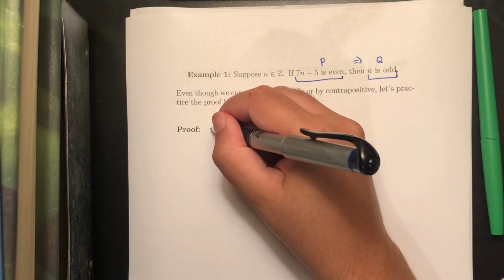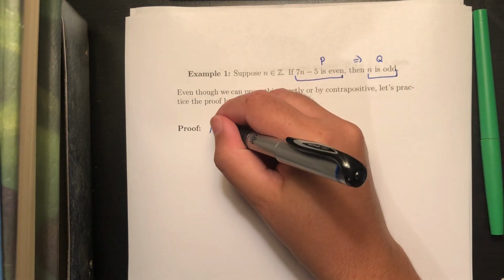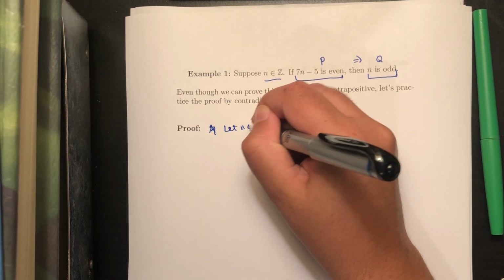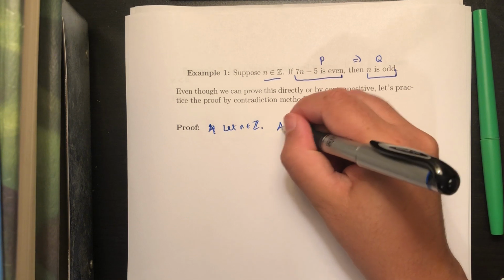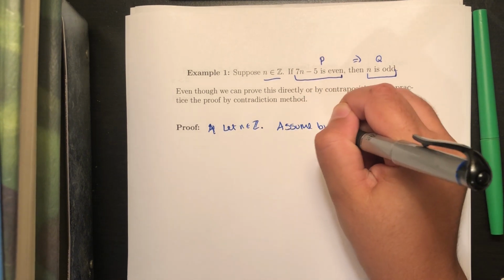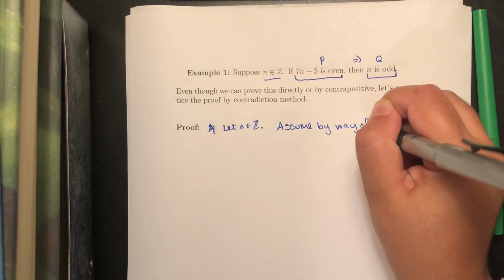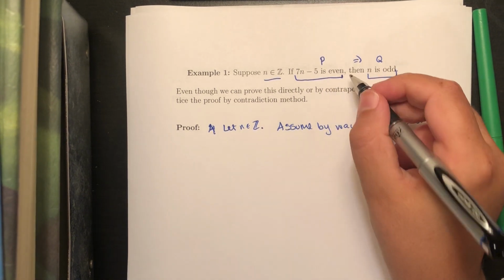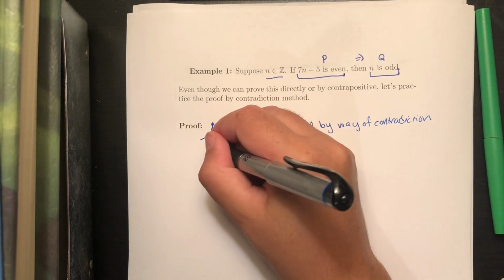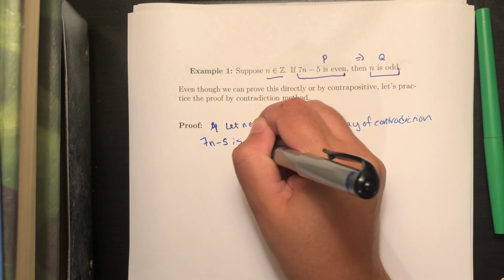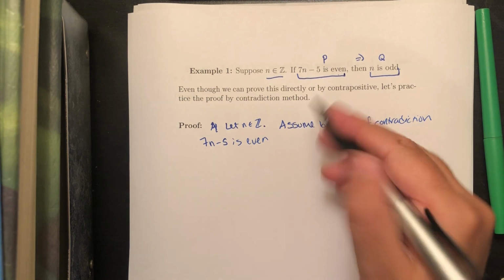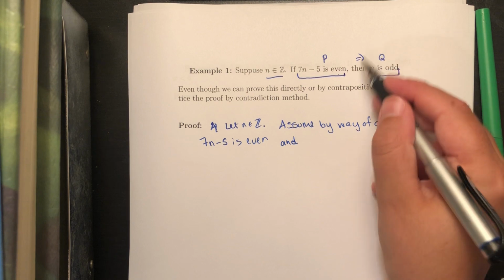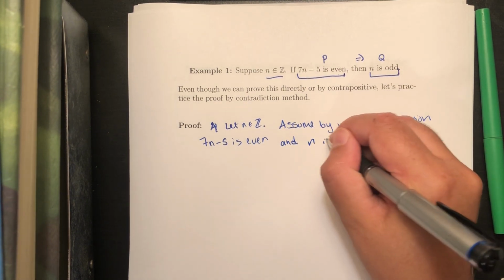To prove this by contradiction, first of all, write our original assumption. Let n be an integer. Now we'll say, assume by way of contradiction P and not Q. So that 7n minus 5 is even, leaving the hypothesis alone, and that this is not true, not Q. So n is not odd, so n is even.